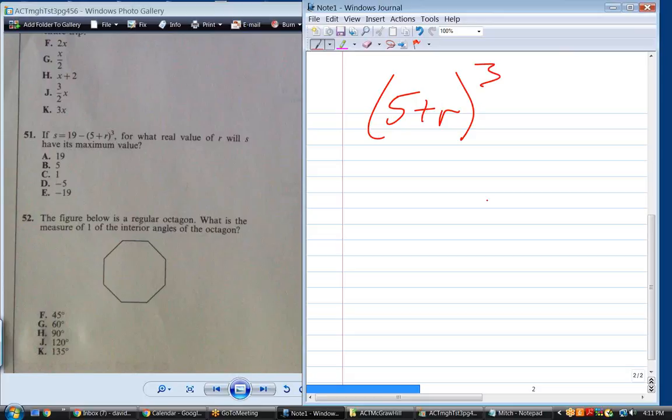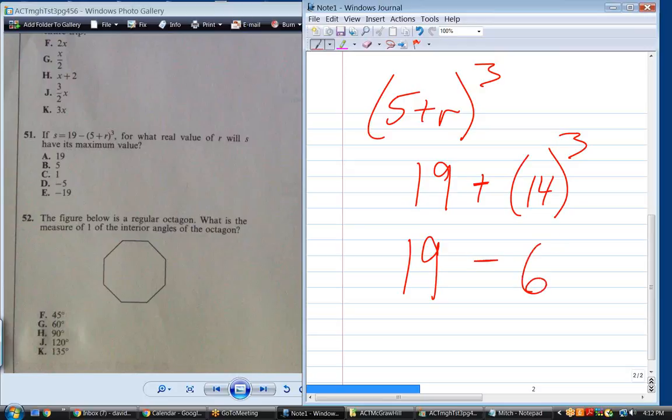Well, the question is 19 minus or plus 14 cubed, is that bigger than using the smallest value for sure, 19 minus 6 cubed? So if we're going to use a positive number, we're going to want to use the smallest one, right?